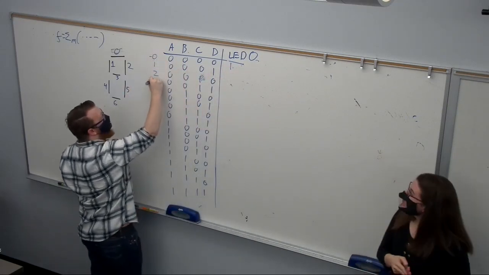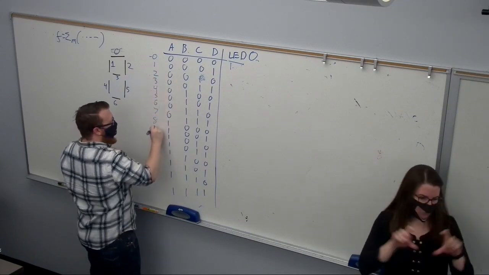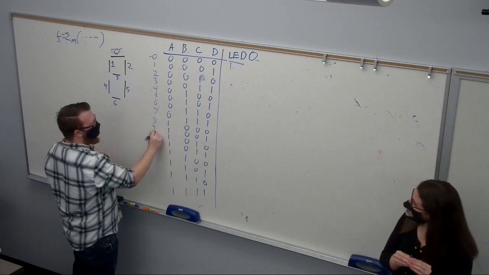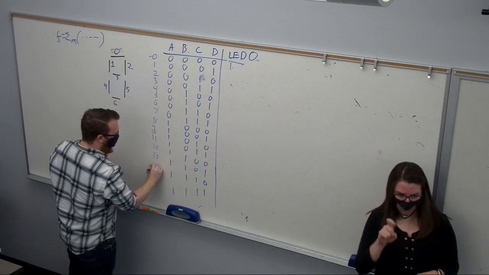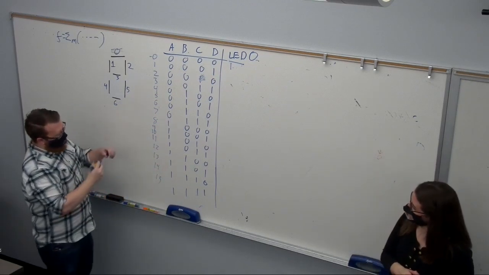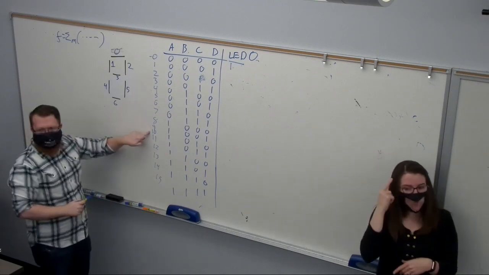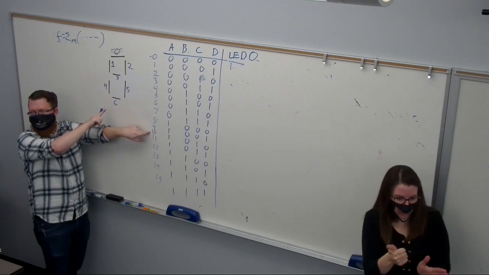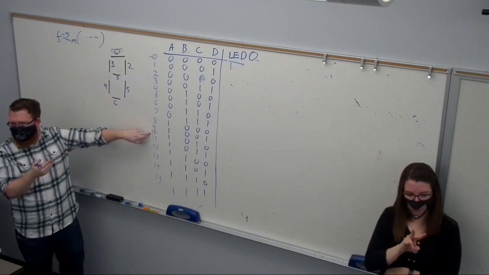And I can label these if it helps you: 0, 1, 2, 3, 4, 5, 6, 7, 8, 9. And now I'm at row 10, 12, 14, and 15. But what we also know is that for 10, we can't display 10 on this. There's just no hope. So that is a trivial or irrelevant input.